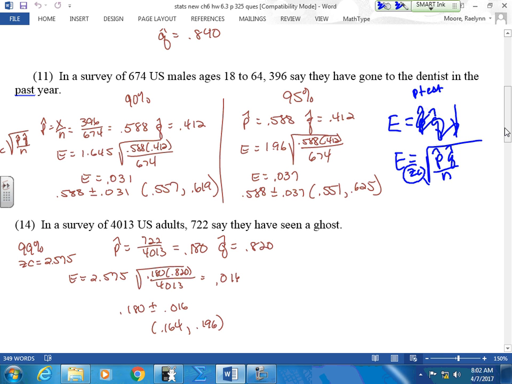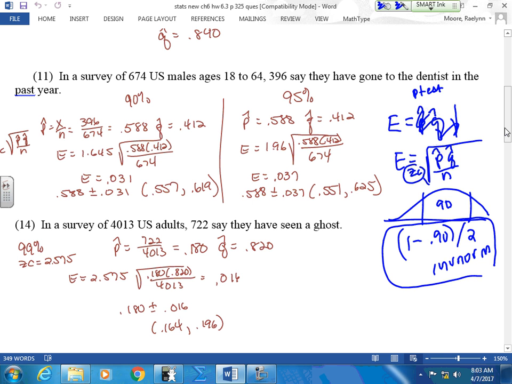The ZC, which I have to multiply first, is the Z-score that's associated with your confidence interval. That comes from this. If I am 90% confident, my 90 falls in the middle. I am 1 minus 0.90 divided by 2. This goes in my inverse norm. At this point, all of you should be getting this.